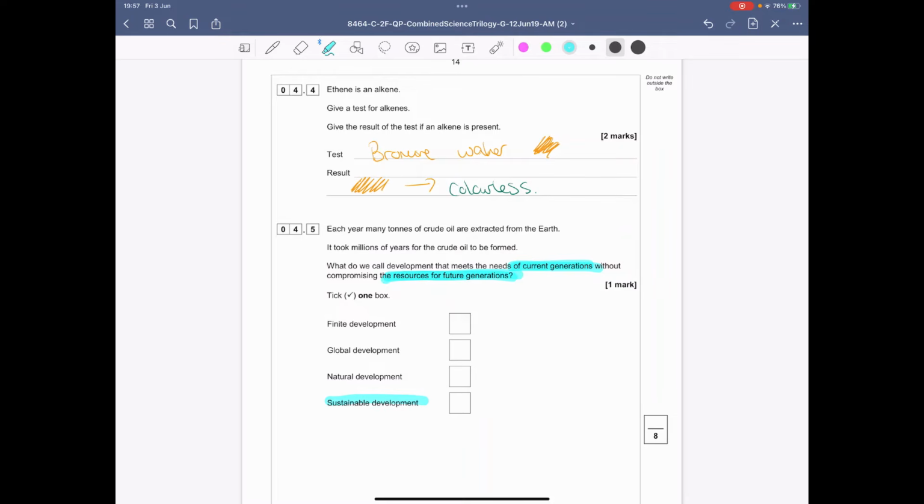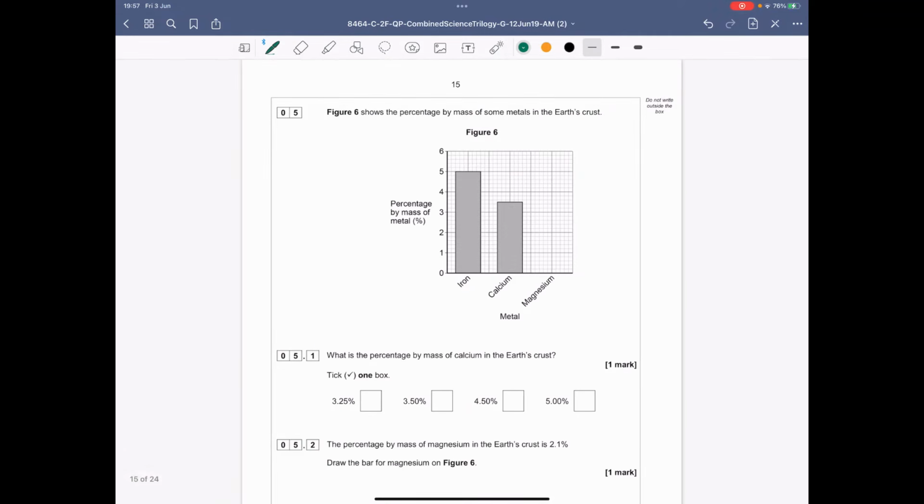That's what we are always trying to do in terms of development and products, making it sustainable so we don't ruin the earth for future generations. It's definitely not finite development. Finite means it will run out. Global development and natural development aren't anything. So it's got to be sustainable.